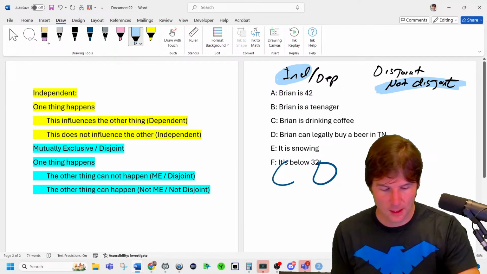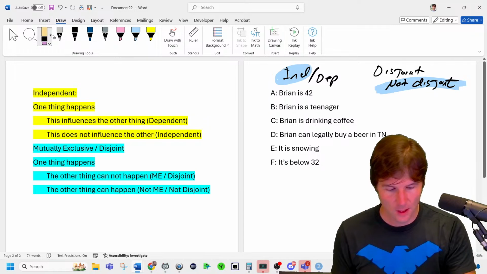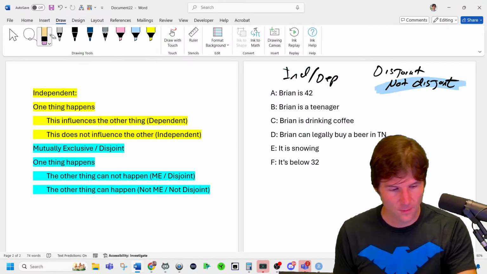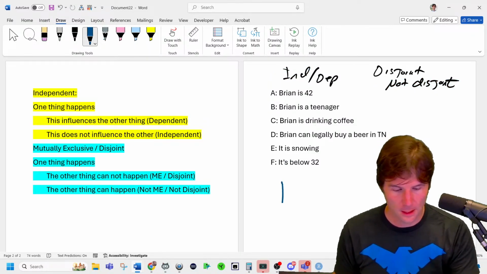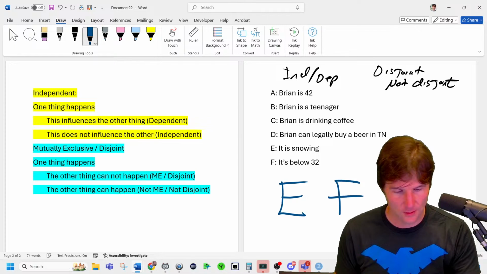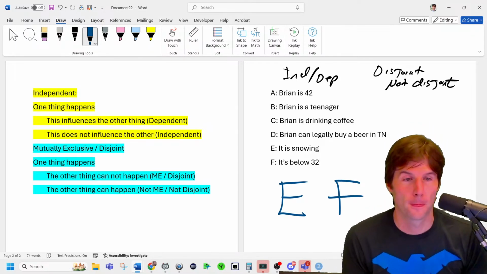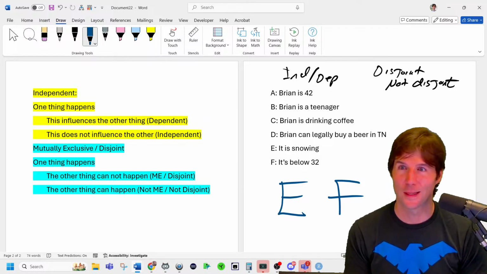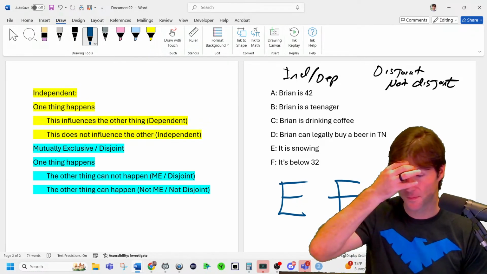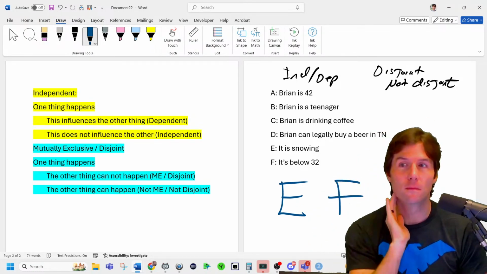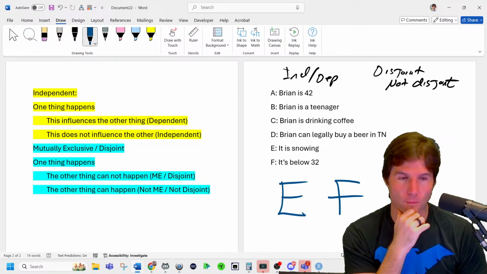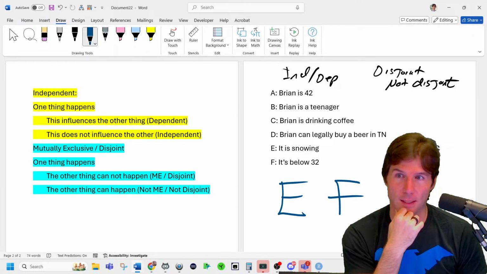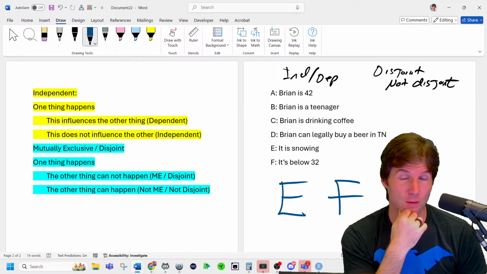So with E and F now, what are E and F? So we'll highlight what it is. I think so, Noel. What are E and F? They are dependent, but are they mutually exclusive?